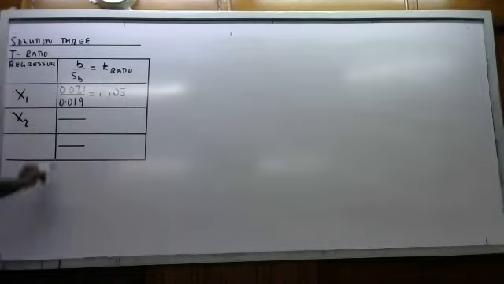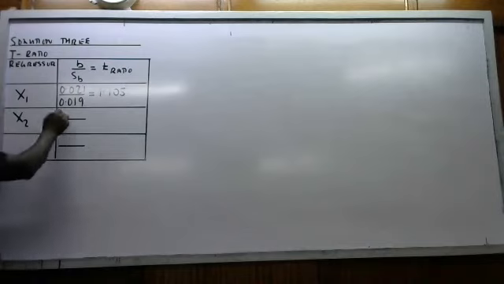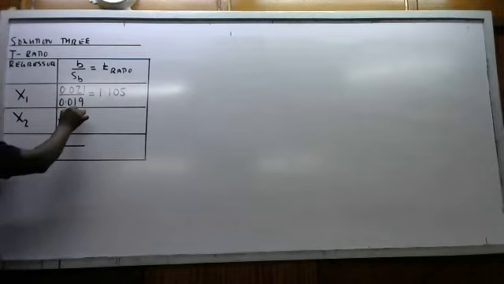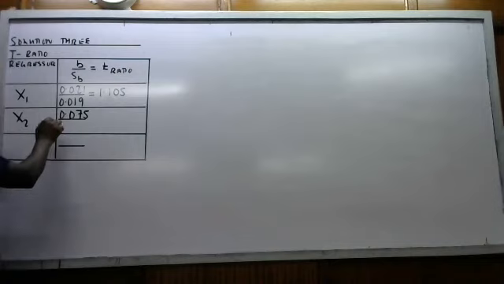We go to number 2. Number 2, the slope is 0.075, and the standard error is 0.034.